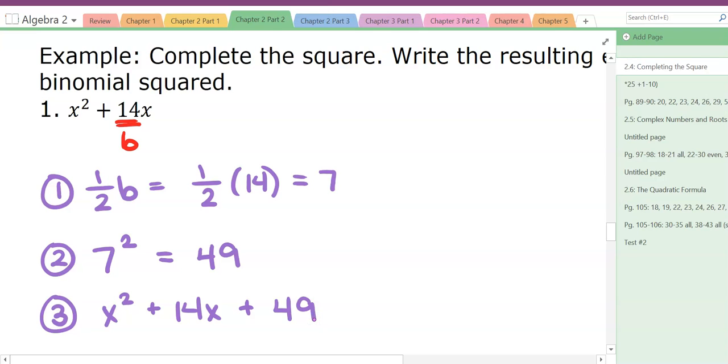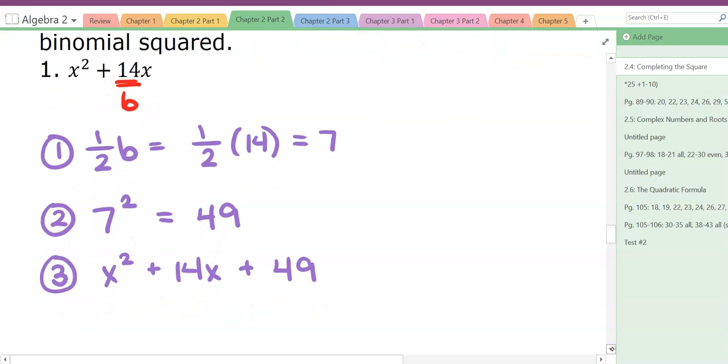The reason we do that is so that instead of writing it as x squared plus 14x plus 49, we can write this as a quantity, like x plus or minus a number, squared. Like I was just showing you on that homework assignment, those specific ones where you're looking for the same number to do two things, when I write it out, it said x minus 8, x minus 8, and I wrote it as x minus 8 squared.